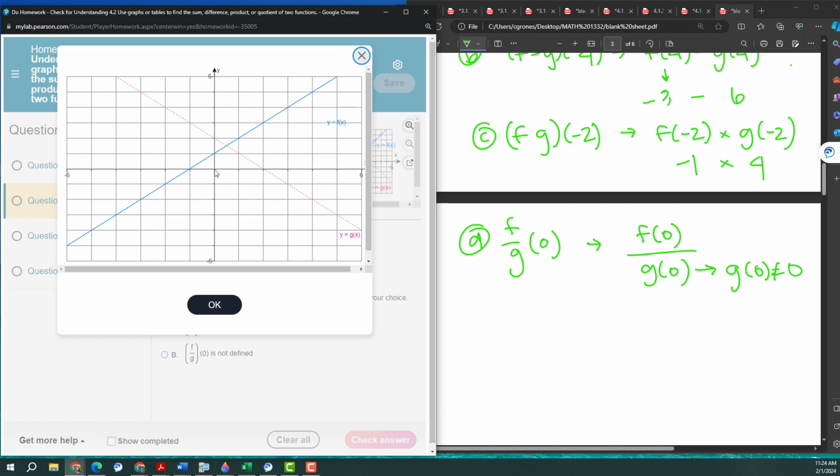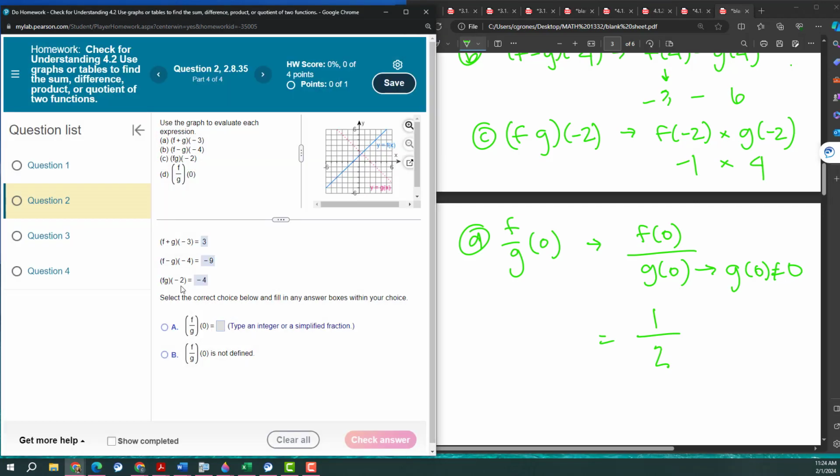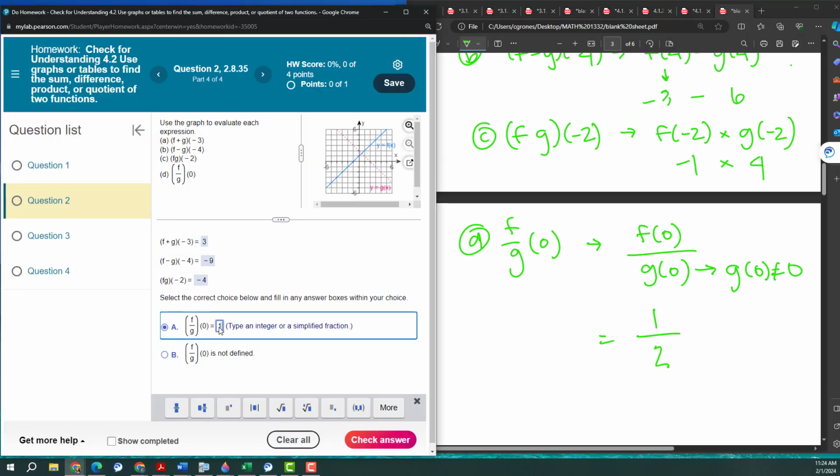Where x equals 0, y for our f of x equals 1. So we've got 1 divided by, and then for our g of x, when x equals 0, y equals 2. So we go up 1, 2. Okay, so this one works out. This would be 1 divided by 2.